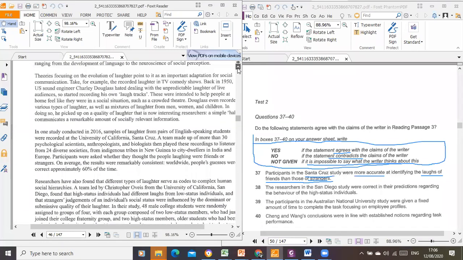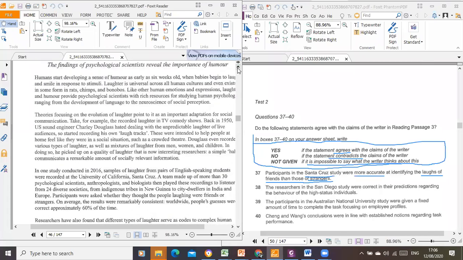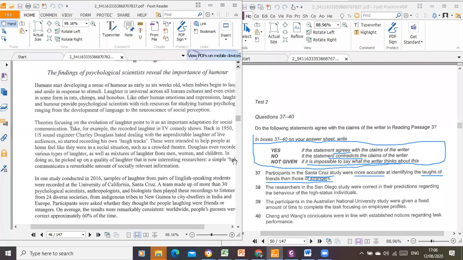This is San Diego. All right, so this is in paragraph 3. Oh, so were they more accurate? That's the question on our mind. In one study by Santa Cruz, you know we have read it, so you just need to look for what they said.